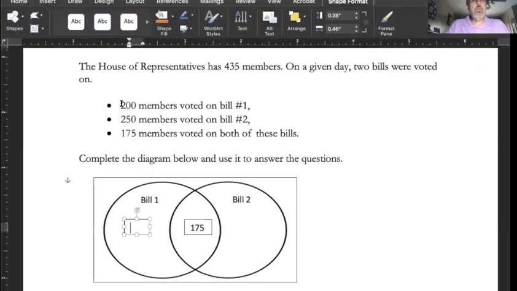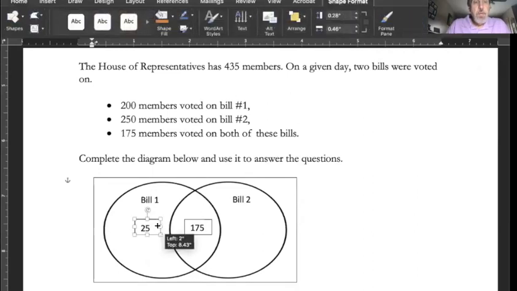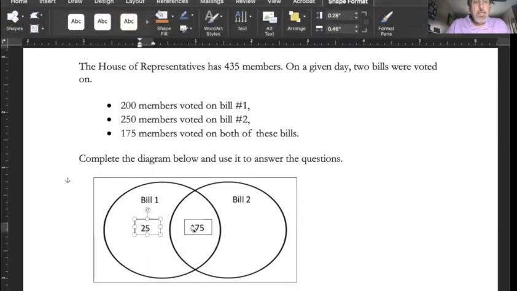If 200 people voted on the first bill and 175 of them are already counted, that means there are 25 people left in this region. Notice that these 25 people plus these 175 people make up the 200 people that voted on bill number 1.